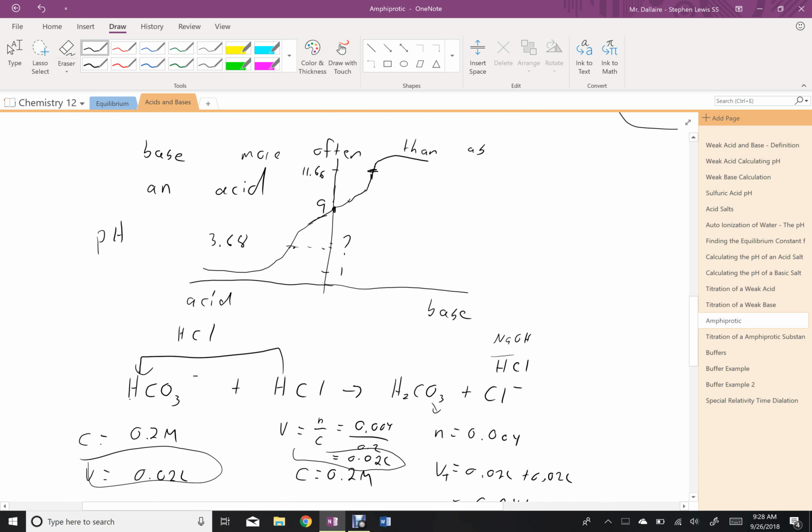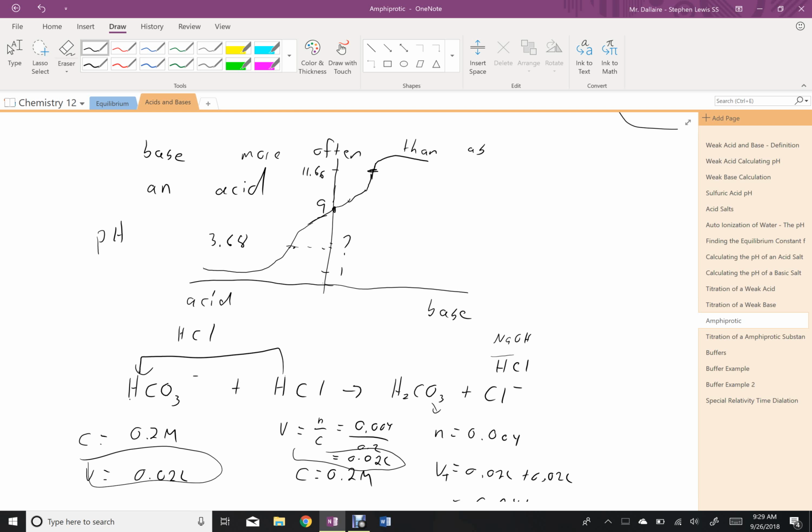So again, I think this is one of the cooler things. Bicarbonate, because it has room to take on an H if it wants, or because it has an H that it can give up, can act as either an acid or a base. So if you put a base with it, it's going to donate its proton and act like an acid. And if you put an acid with it, it's going to take in that acid's proton and act like a base.